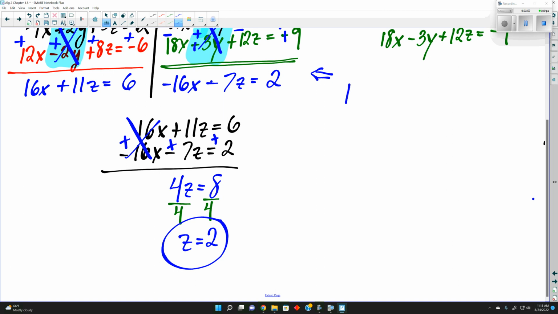So if I pick this one here, we have 16x, because we still don't know what x is, plus 11 times z. Well, z is what? 2. Now we just need to solve for x. 11 times 2 is 22.